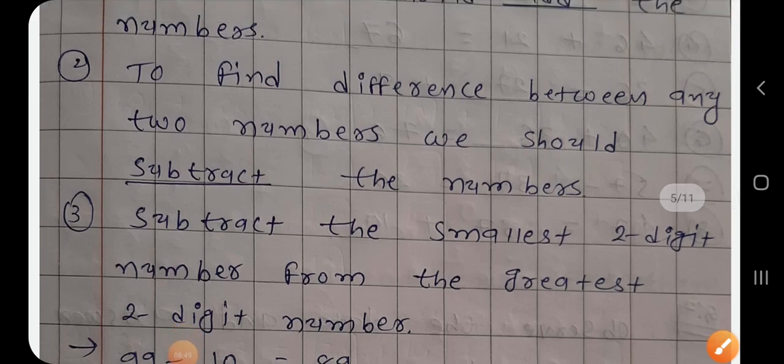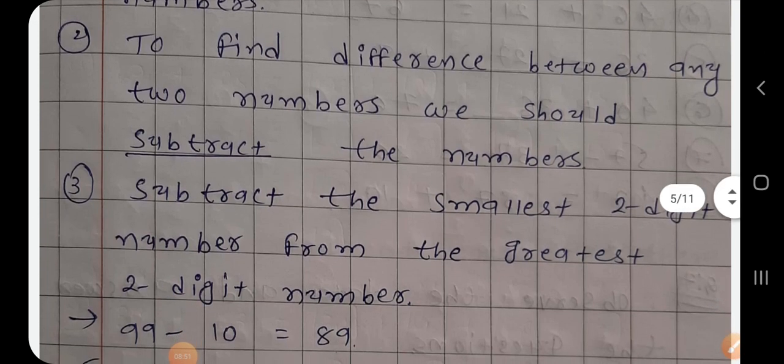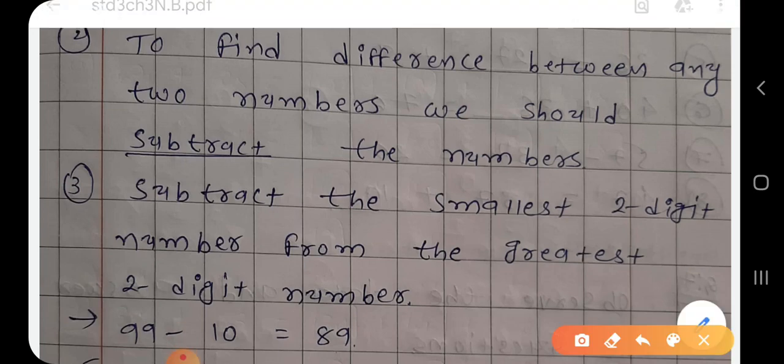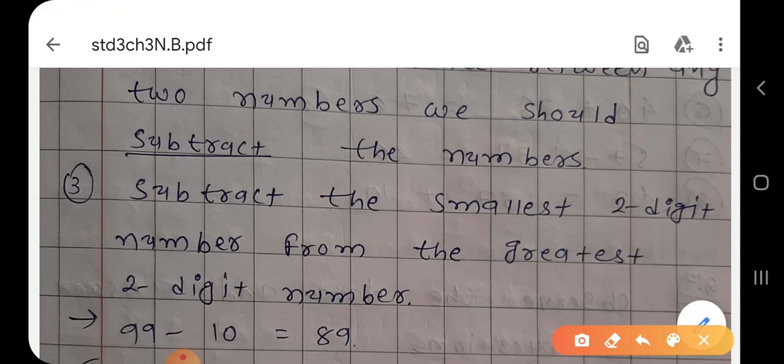Then third number, subtract the smallest two-digit number from the greatest two-digit number. You know that the smallest two-digit number is 10 and the greatest two-digit number is 99.